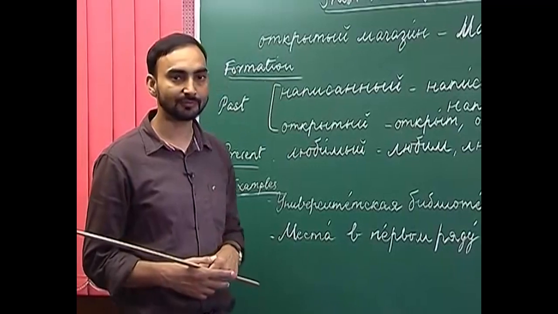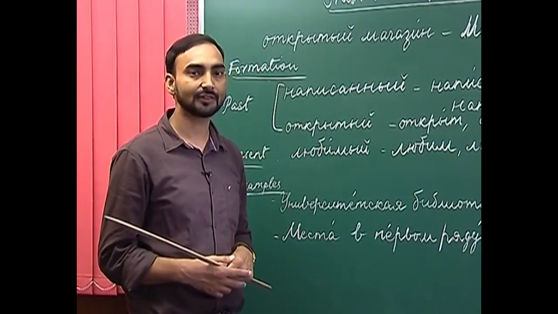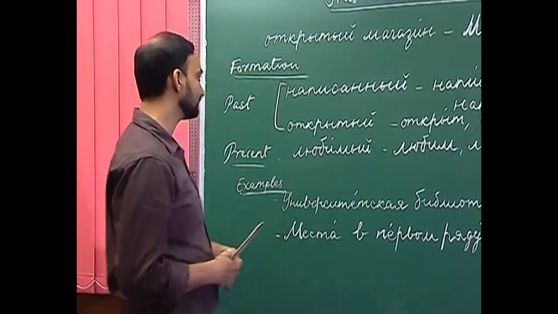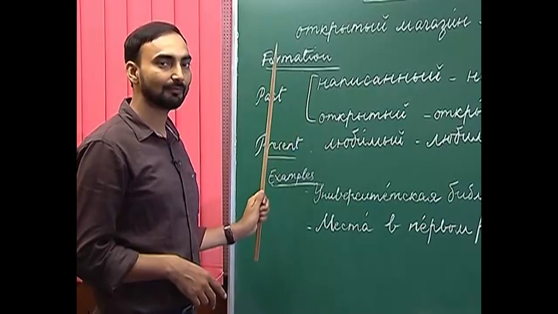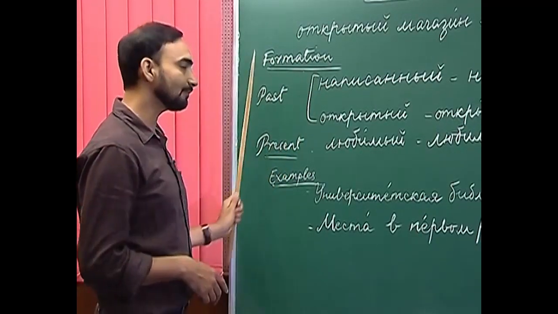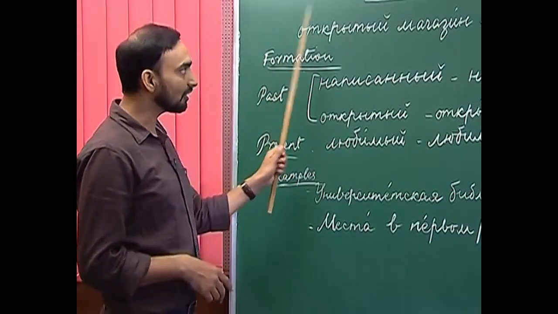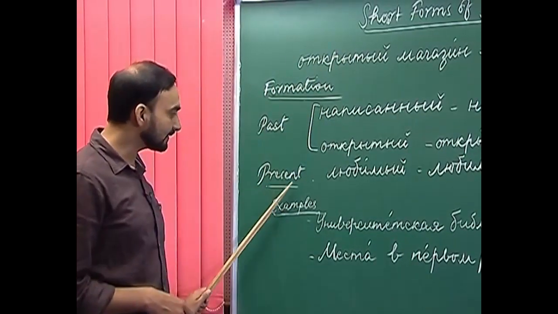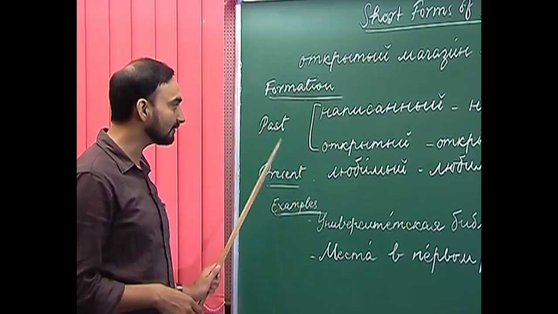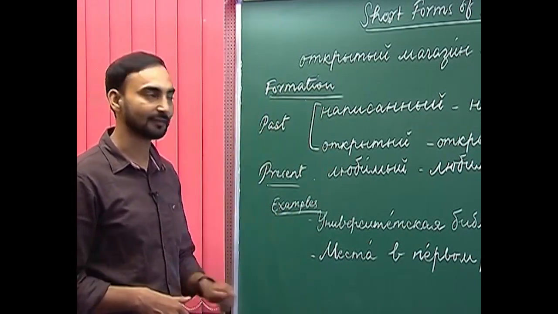So, how do we form the short forms of the passive participles? Passive participles include present participle passive and past participle passive. The short forms are formed from present participle passive as well as the past participle passive.